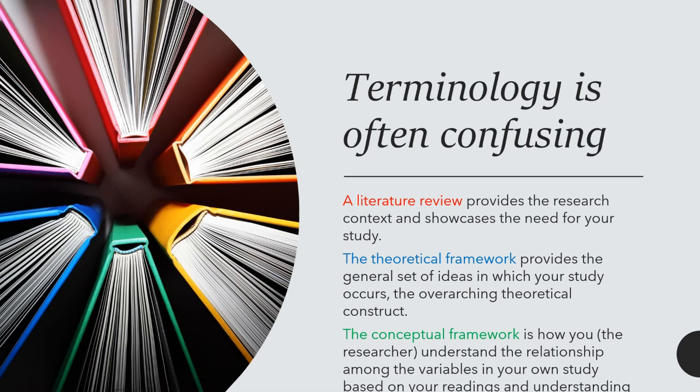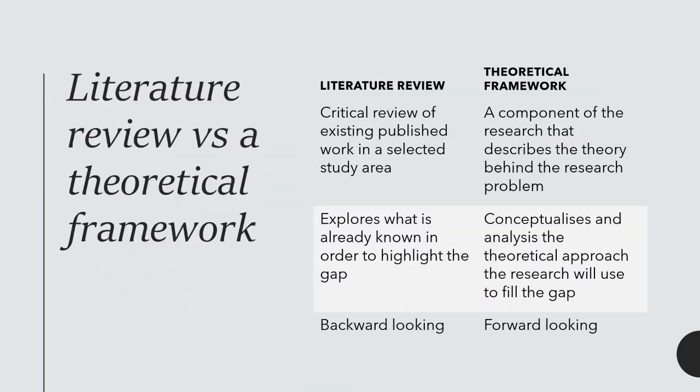And then a conceptual framework is how you, as a researcher, understand the relationships among the variables in your own study based on your readings and understandings. You can develop a conceptual framework at the end of your literature review, or even at the end of your research project. So let's see in this table what is different.